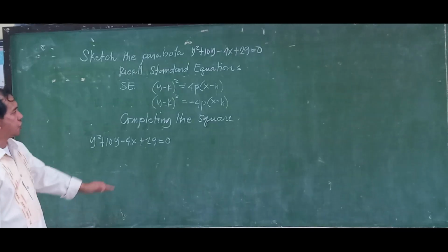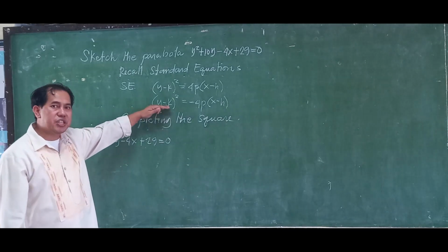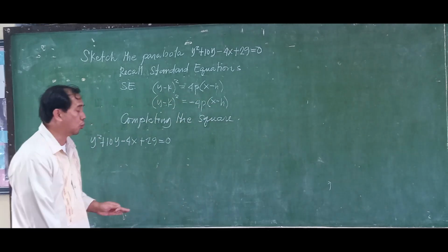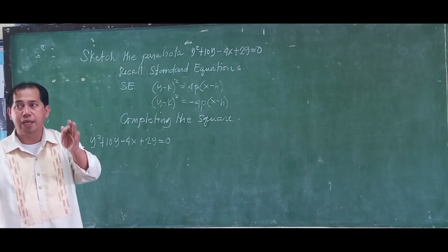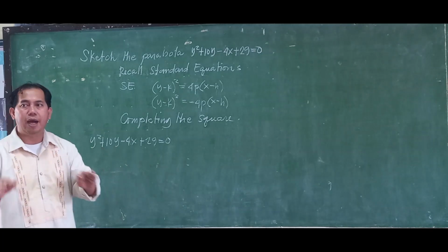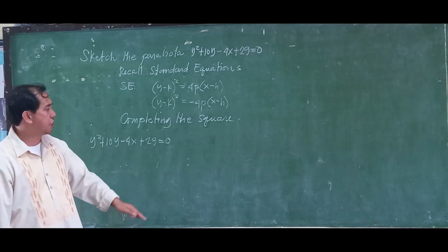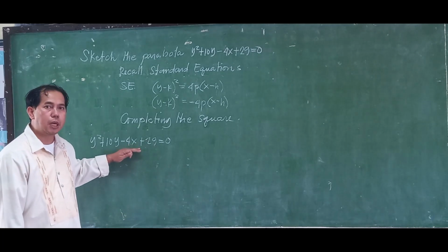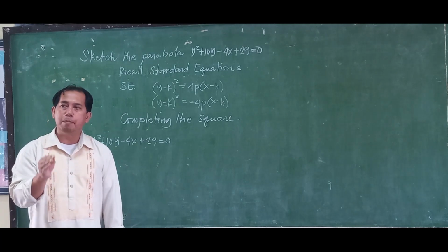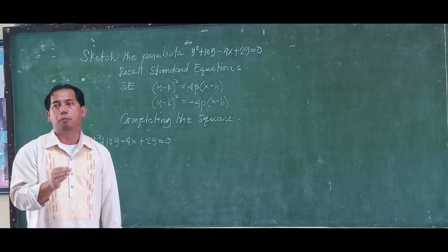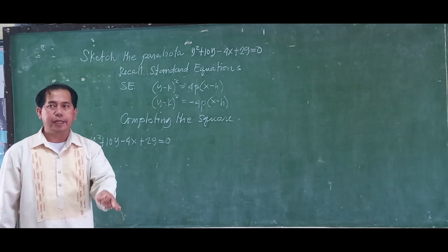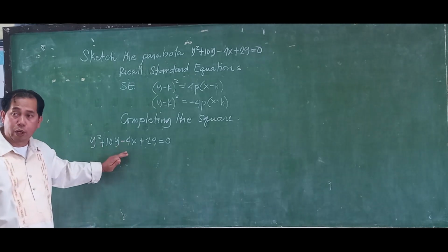Meaning, you notice this one, the y is at the left side, the x is at the right side. So what will you do? Combine those numbers with the same variable, y. Combine those numbers with the same variable, x. Now, if y is the one being raised to the second power, more or less, that is the one you will be applying the completing of the square to.